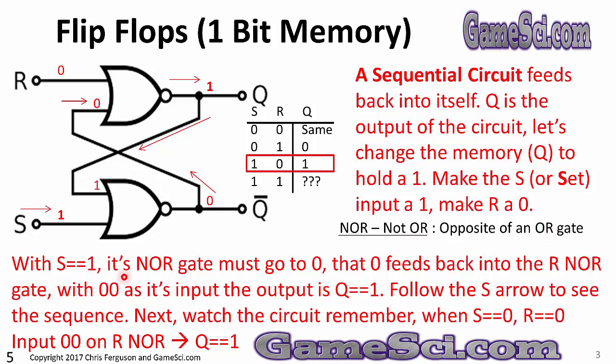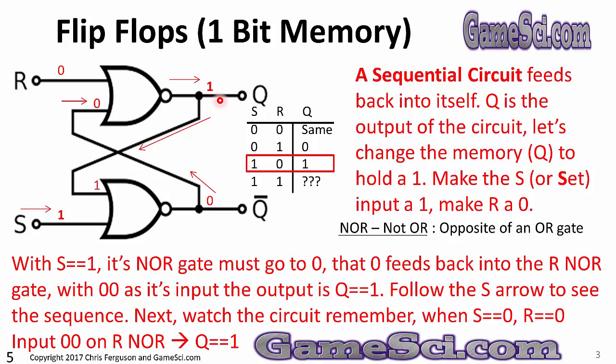With S equal to 1, its NOR gate must go to 0. If I feed a 1 for S into this circuit, a 1 on this OR gate produces a 1, which NOR would turn to a 0. Follow the 0. With two zeros on this OR gate, the OR outputs a 0, but the NOR outputs a 1.